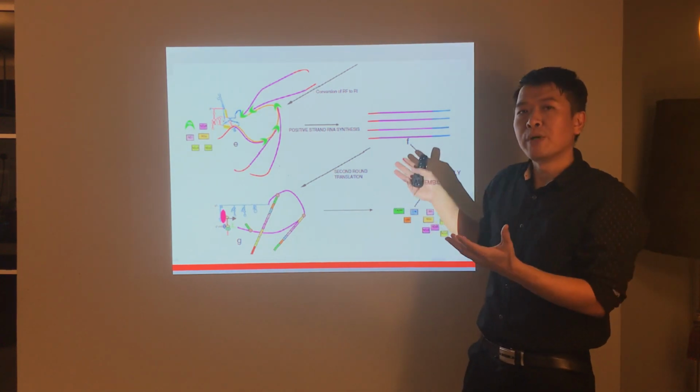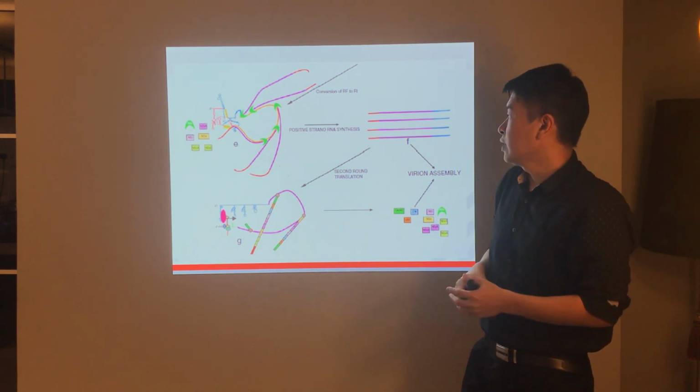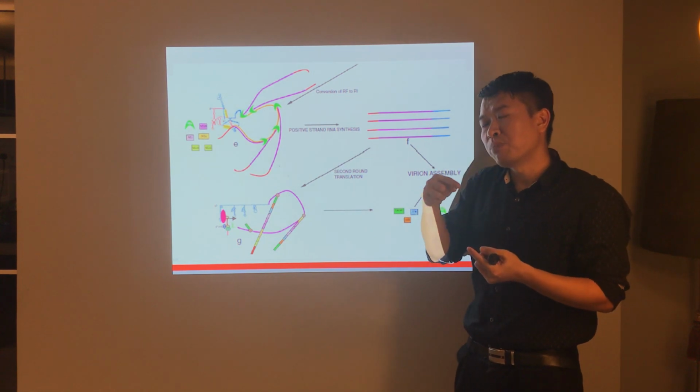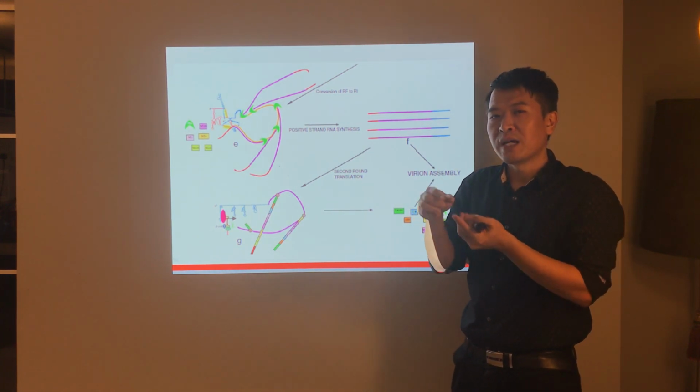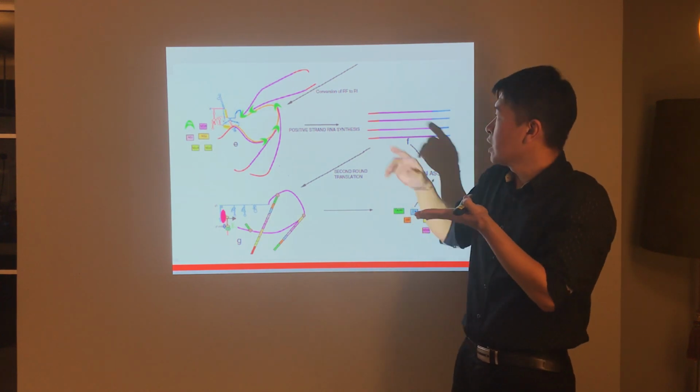So what happens to this positive-strand RNA genome? There are two possibilities. The location where it is produced is the cytoplasmic side of the RER.